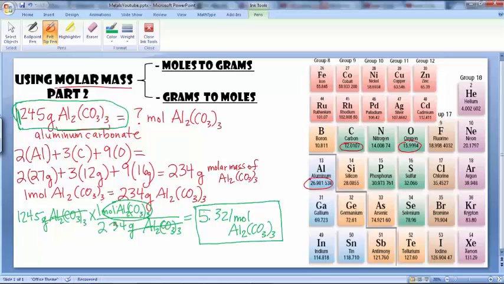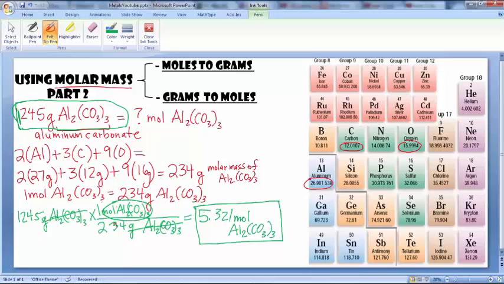And that is your final answer. Okay? So we did a couple of two-step problems. Moles to grams, grams to moles. I did one three-step problem going from micrograms to grams to moles.